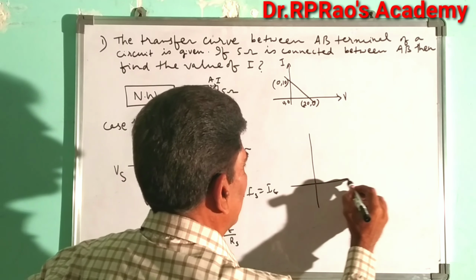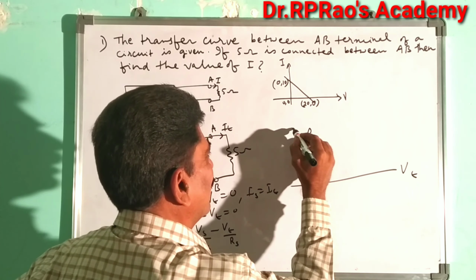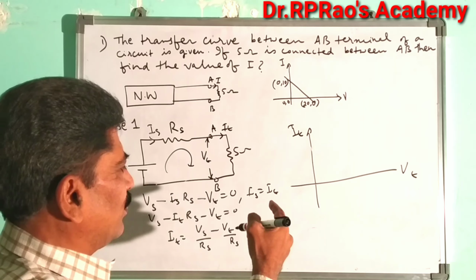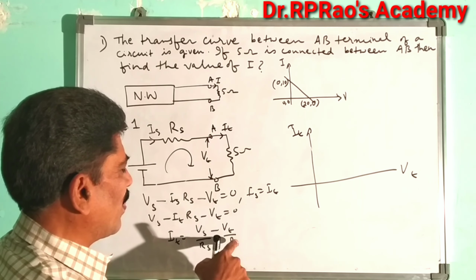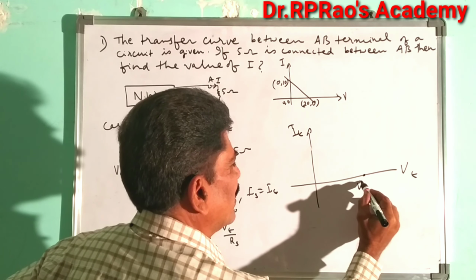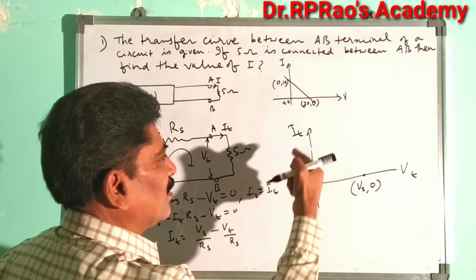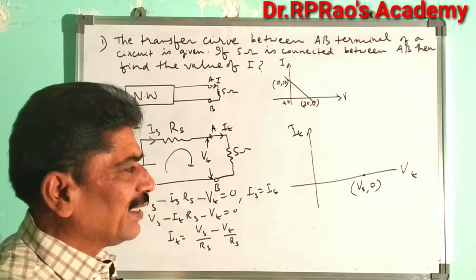Now using this equation, let us draw the VI characteristic curve, with Vt and It. If we put It equal to 0, then Vt becomes Vs. So let this point be (Vs, 0). It is representing the y coordinate and Vt is representing the x coordinate.